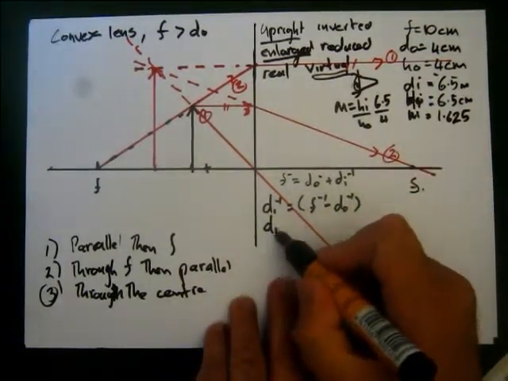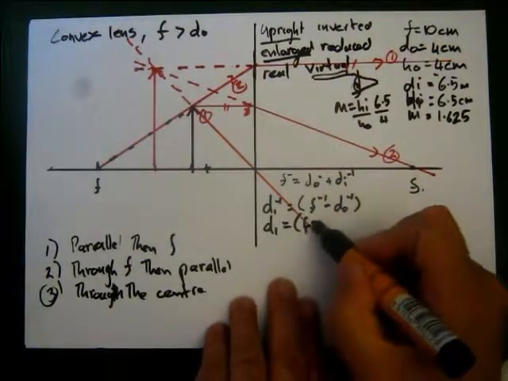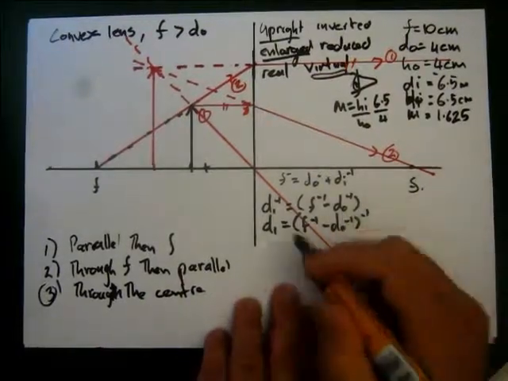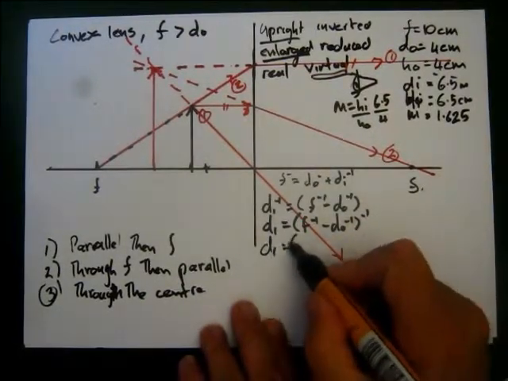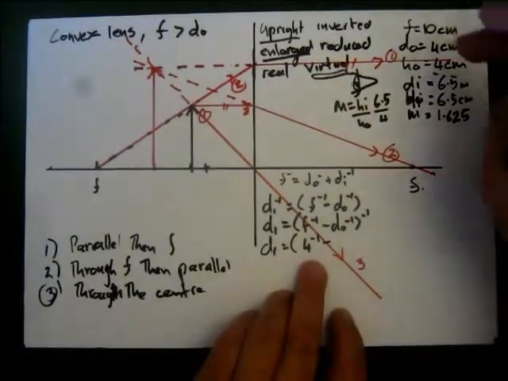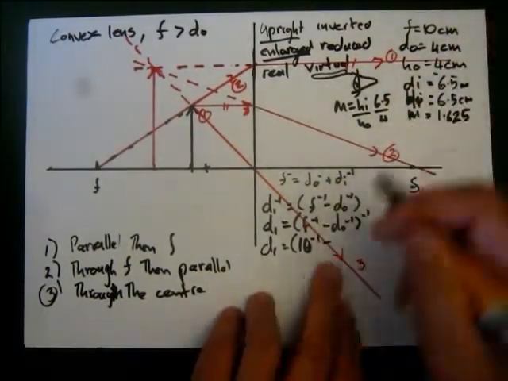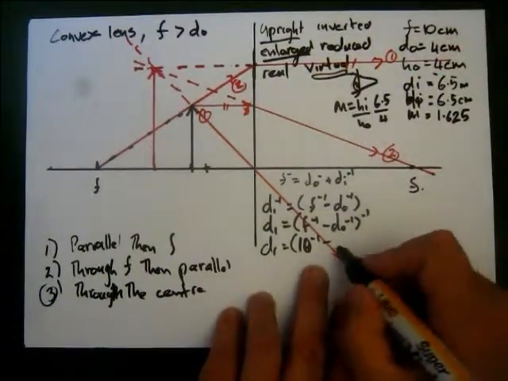So di equals, take the inverse of the lot. f is 10, do is 4.